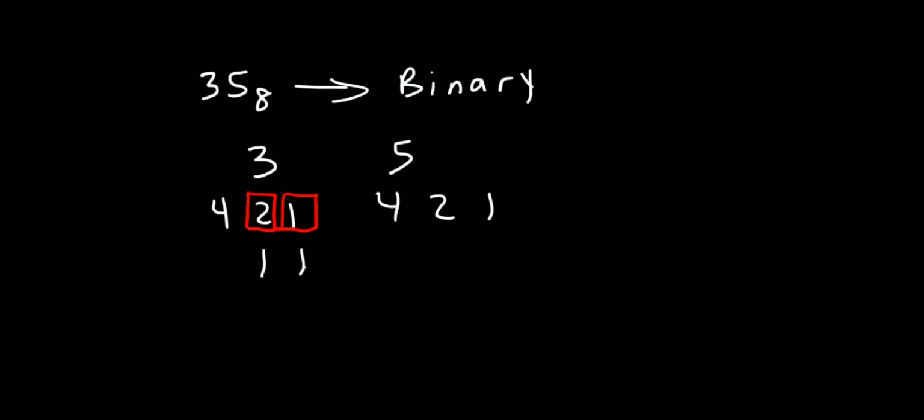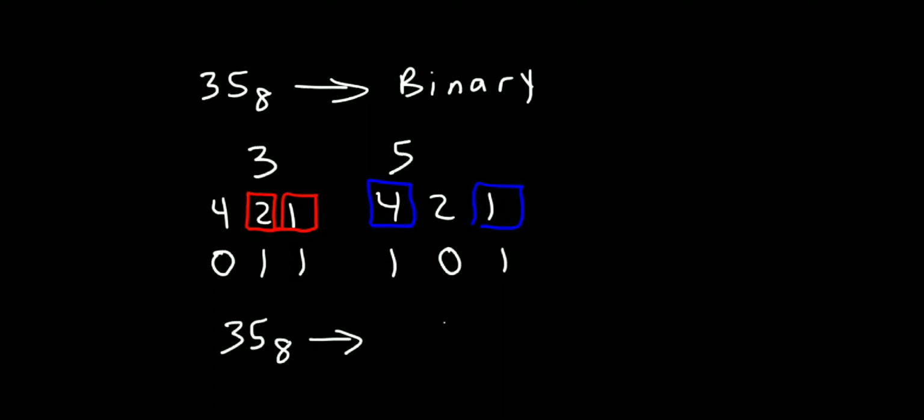We will write 0 below 4, and 1 and 1 below 2 and 1, so it will be 3. For 5, we select 4 and 1, so we write 1 and 1, and below 2 we write 0. Now we write this binary equivalent in sequence. So 35 base 8 is equivalent to 011 101 with base 2.